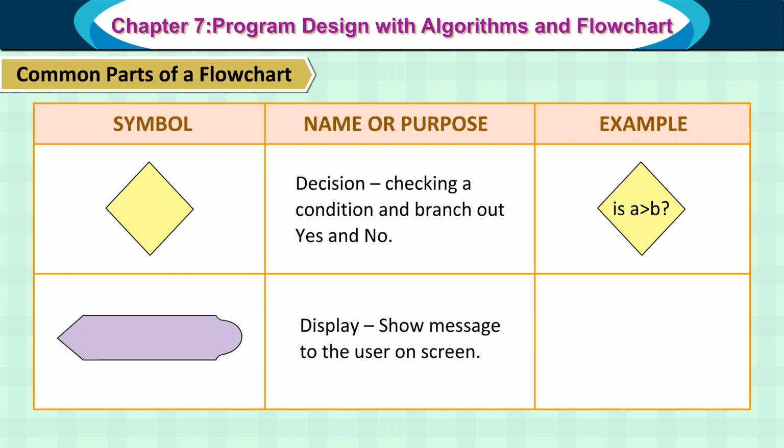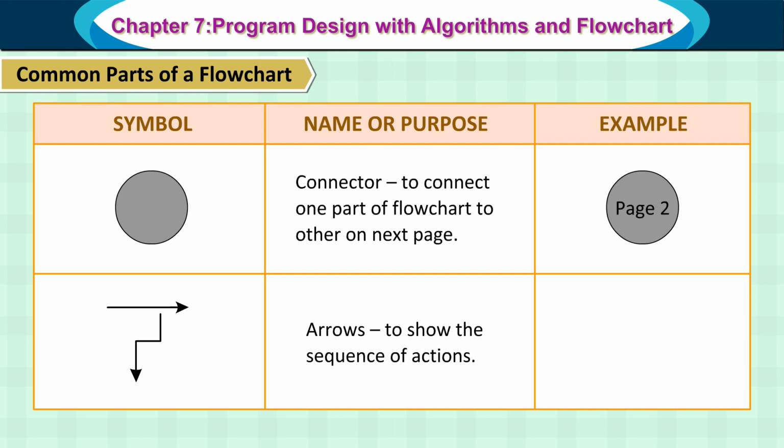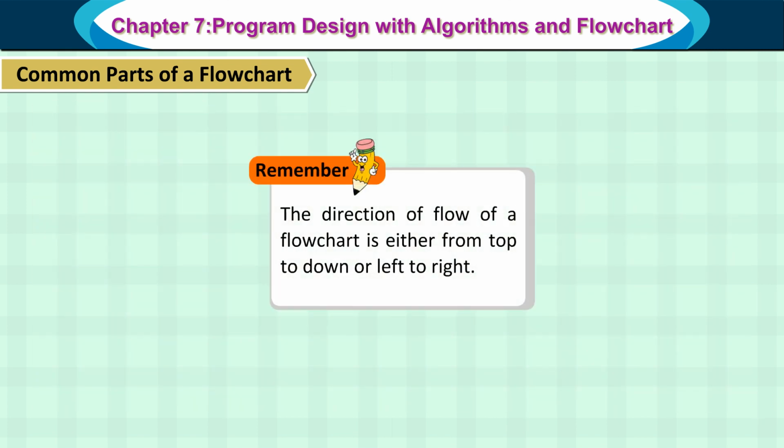Display: show a message to the user on screen, Enter your age. Connector: to connect one part of the flowchart to another on the next page, page 2. Remember, the direction of flow of a flowchart is either from top to down or left to right.